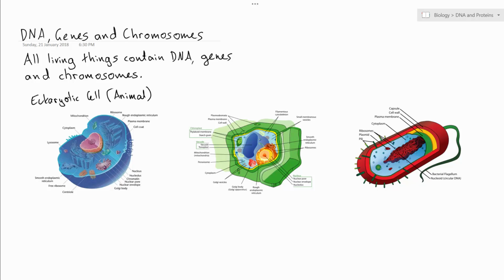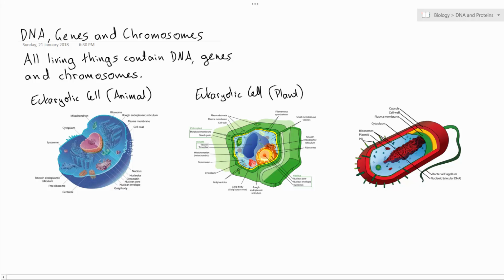What we've got to the right is a eukaryotic cell also, but this one is a eukaryotic plant cell, the type of cell that you would find in plants. And then finally we have a prokaryotic cell, and this is something that you could expect to find in an organism such as bacteria, or a bacterium would be made up of one prokaryotic cell.